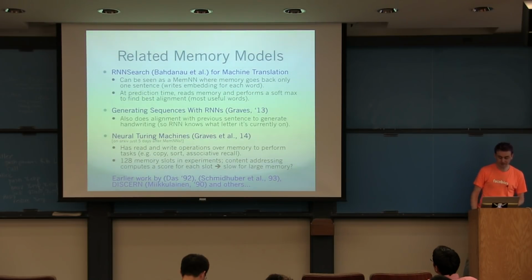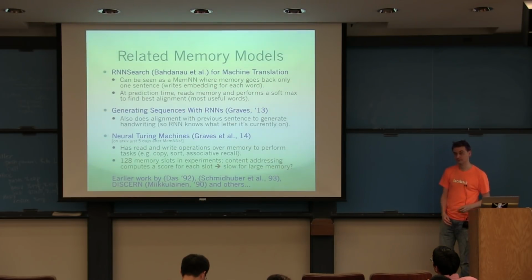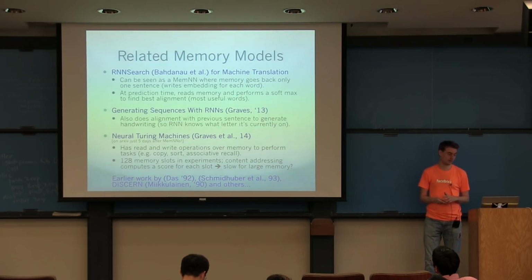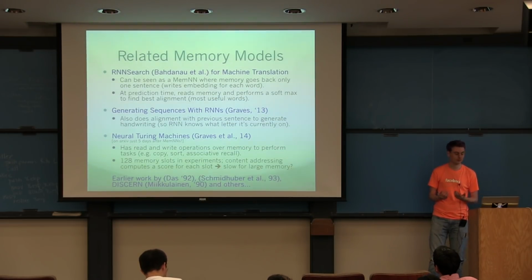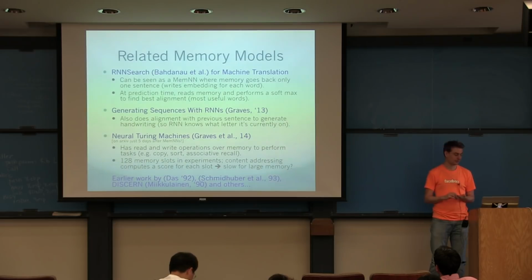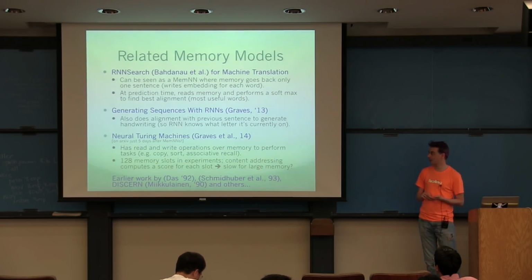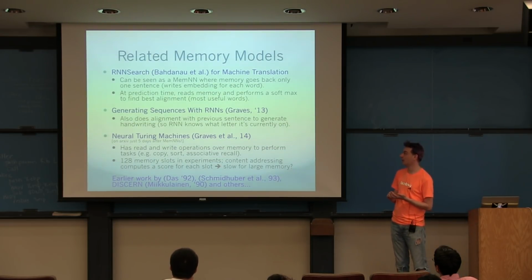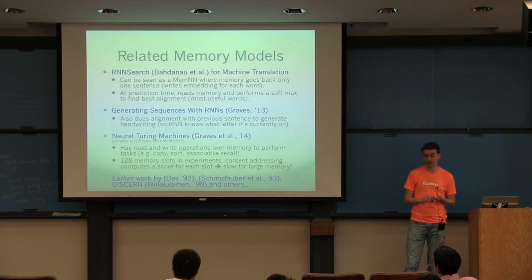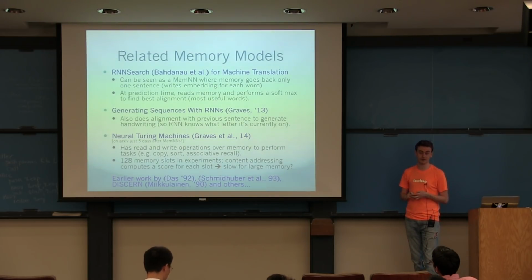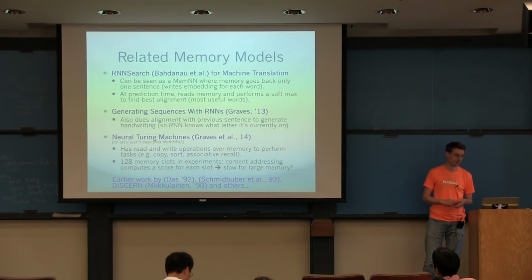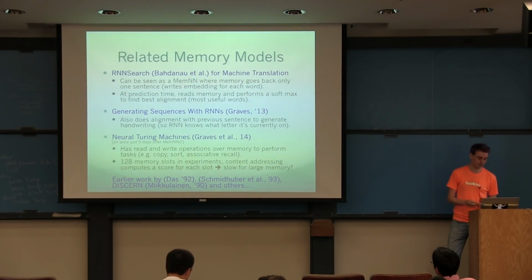There's actually been a bunch of work in the last couple of years where people are starting to get interested in memory and attention with models. Here I'm just mentioning a few of them. The first one is RNNsearch, a model for machine translation from Yoshua Bengio's group, with Bahdanau et al., he's the first author.